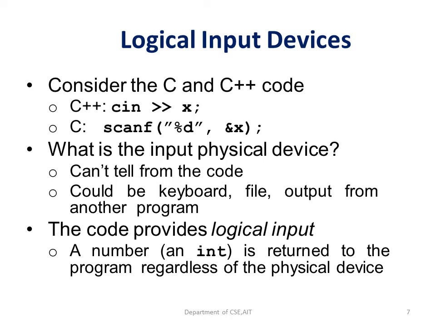We are more worried about what data we are getting in the value X. The device can be a keyboard, it can be a file, or it can be output from another program, so we can't tell, but we are more worried about what the input variable is carrying. In this case, it is an integer that is going to be returned to the program regardless of whatever type of physical device it is coming from.